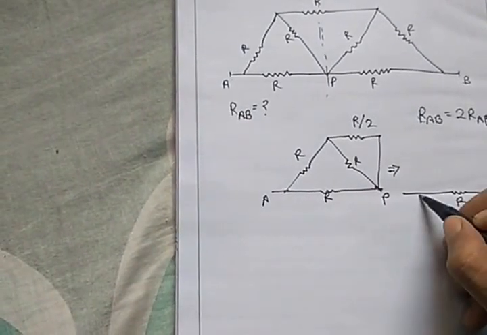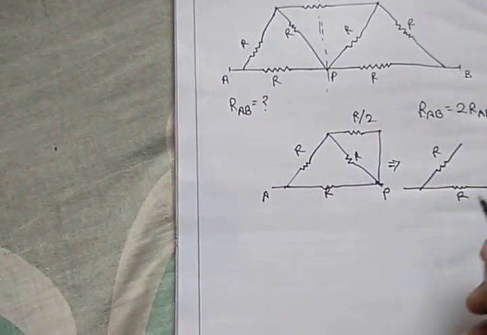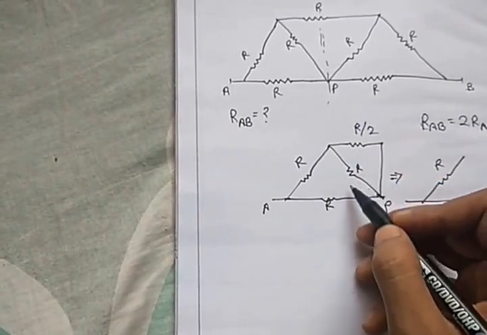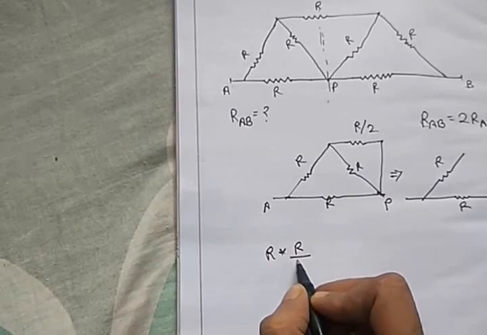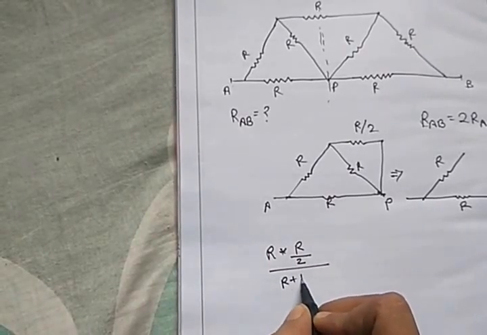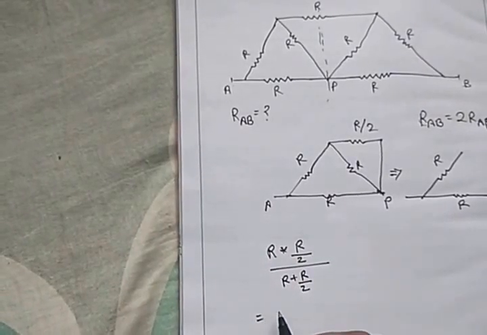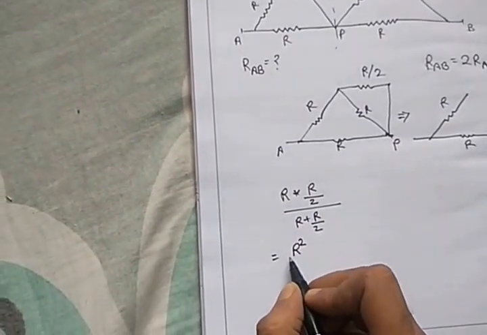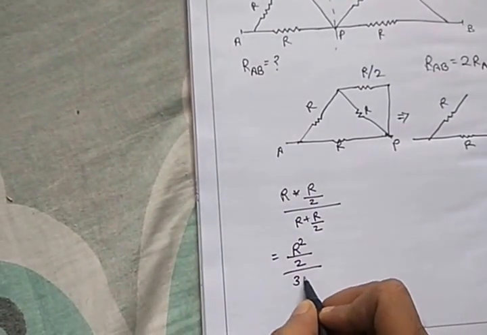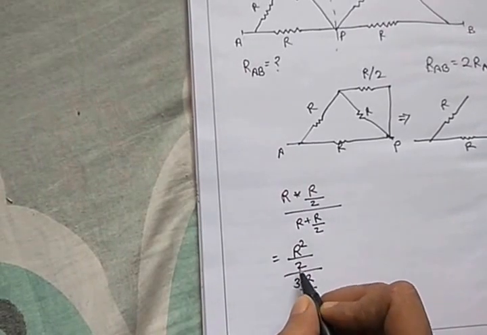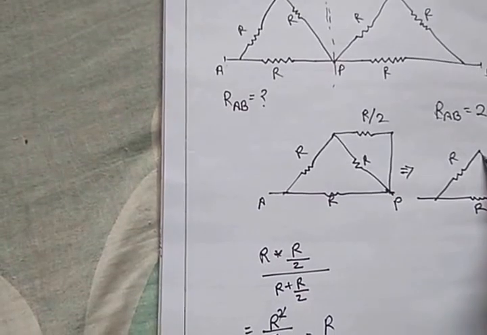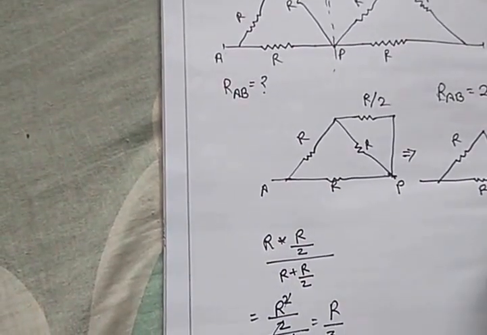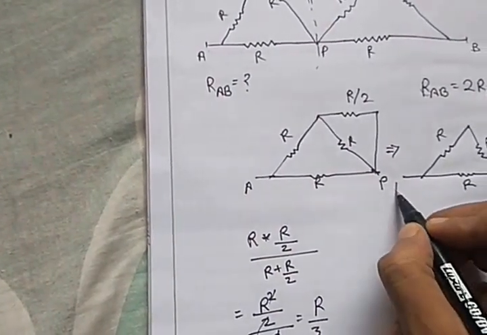This will become R, this will become R, and the parallel resistance of these two resistances is R into R by 2 upon R plus R by 2, that is equal to R square by 2 upon 3R by 2, that is equal to R by 3. So this resistance becomes R by 3, and this is point A and this is point P.